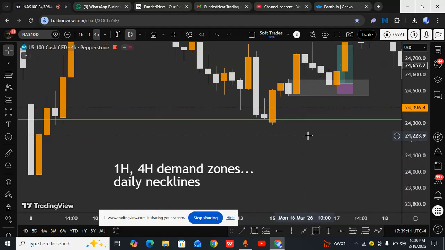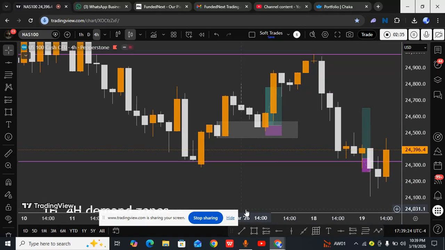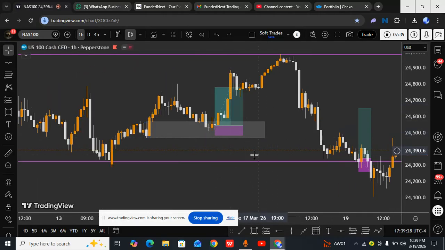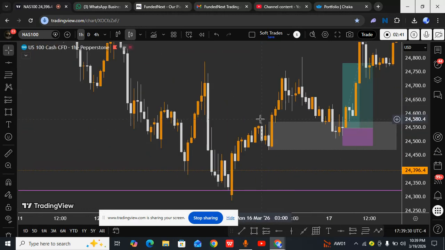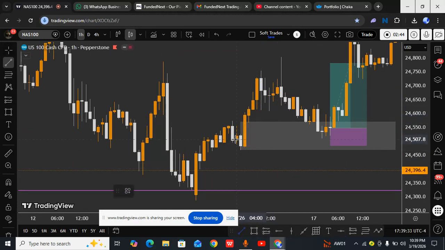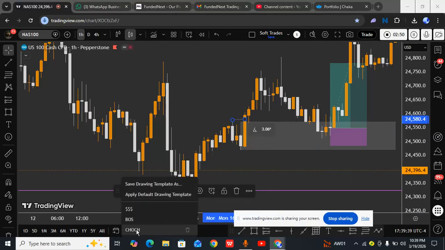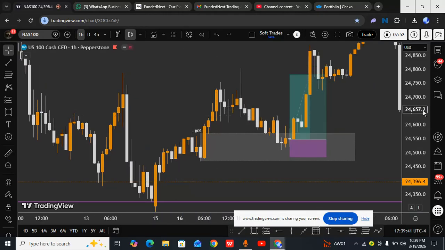Now, remember what I told you about what makes a demand zone valid. Number one, there should be a break of structure. Number two, there should be a fair value gap, and number three, it should align with the trend. If you go to the 1 hour time frame, you will see a tiny break of structure over here, over here, and over here.